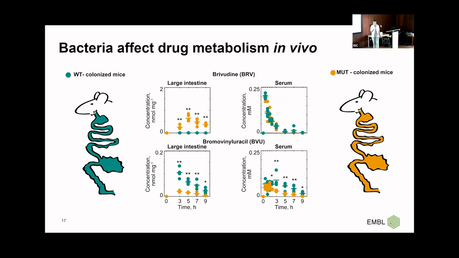Moreover, for the drug metabolite, which is conditionally toxic, we found that both in the large intestine and in the serum, we find significant differences in drug metabolite concentrations between wild type and mutant mice, with wild type mice having much more toxic drug metabolite both in their guts and in the serum.